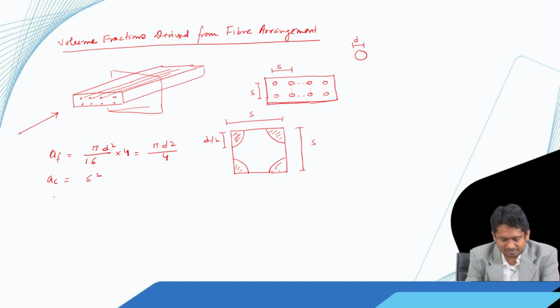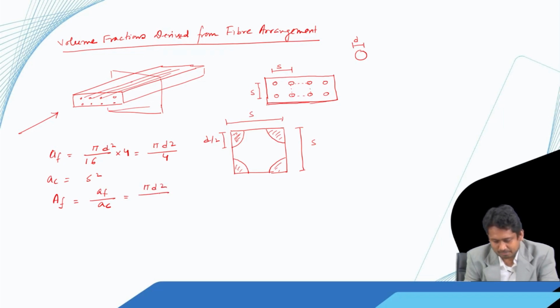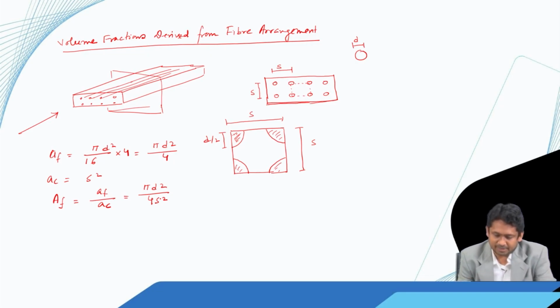So, we can define something called area fraction: the area occupied by fiber divided by the area of the composite, and that we call pi d square by 4 a square. And now, the fiber volume is just this quantity multiplied by the entire length.